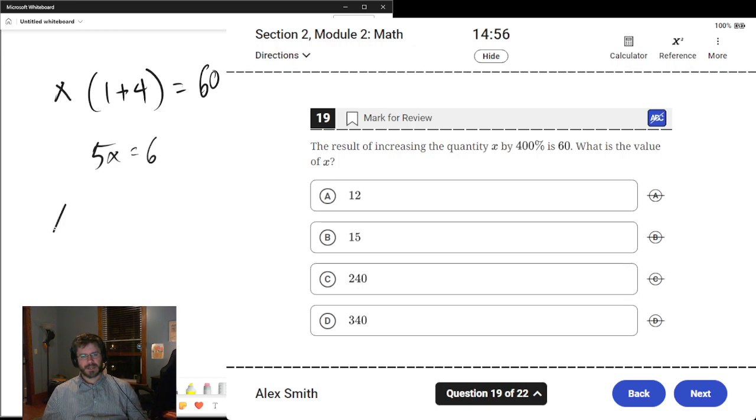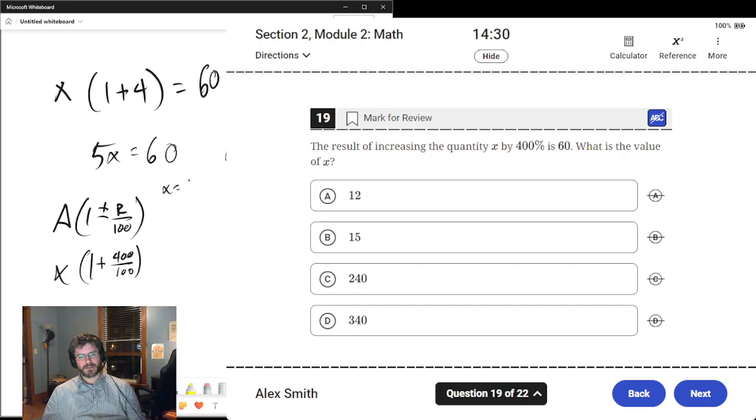Because remember, A times 1 plus or minus R over 100 is our function here. And if it's 400%, we've got 1 plus 400 over 100. So that's why I'm doing 1 plus 4 here, and X was our original value. So X equals 60 divided by 5, which is 12.